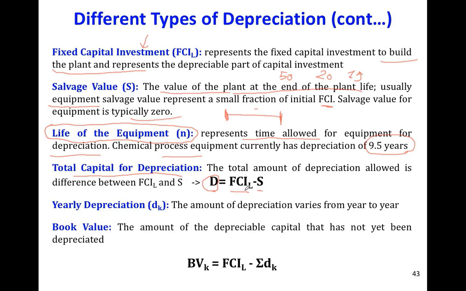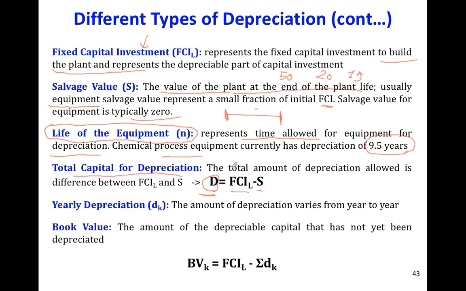This difference is how much money we lose because of the depreciation of the equipment. So total capital for depreciation is the difference between how much money we put in at the beginning and how much money we recover at the end. This difference is how much money we will lose, or how much money is depreciated.